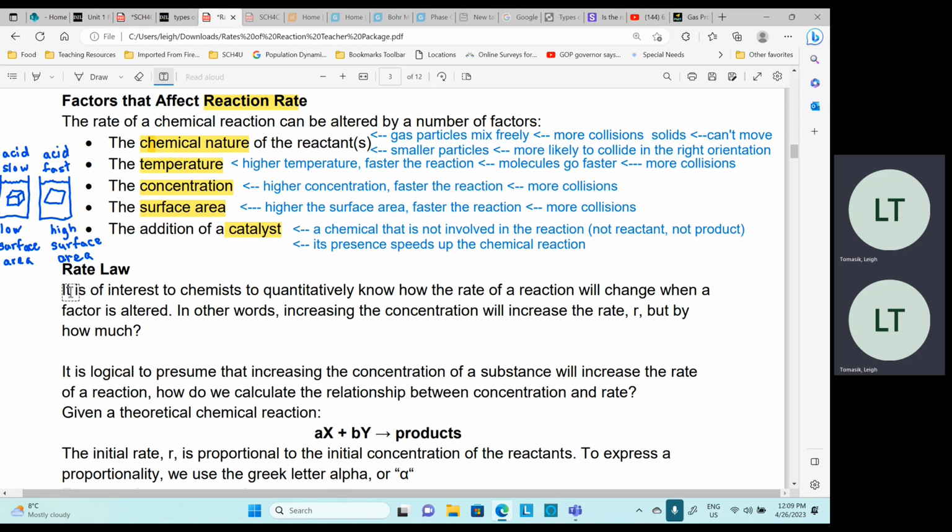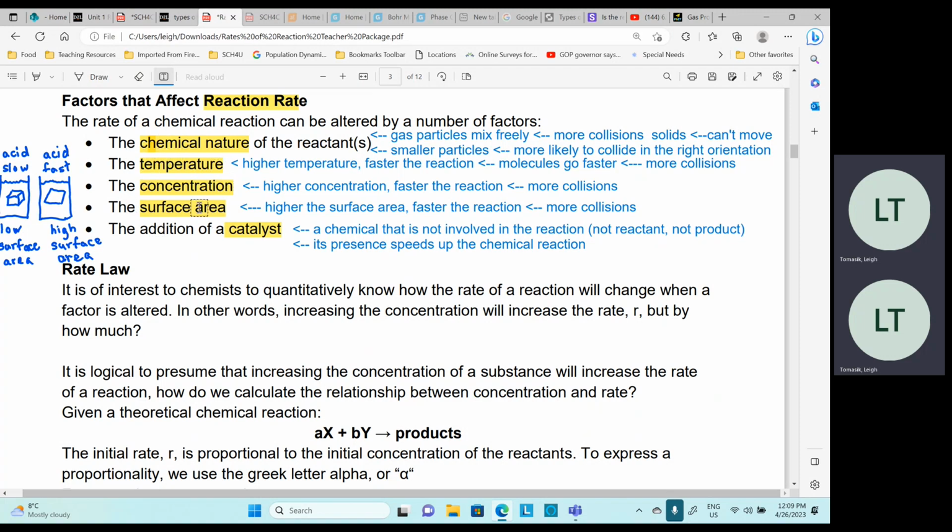All right, so we're going to talk about rate law now. It says it is of interest to chemists to quantitatively know how the rate of reaction will change. So we have some qualitative reasons why something might make a chemical reaction go faster or slower, right?